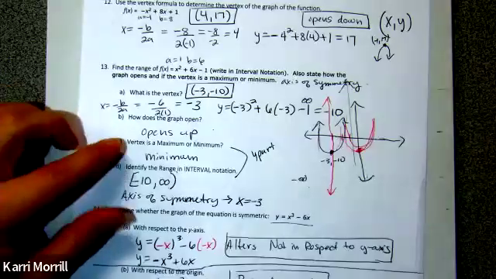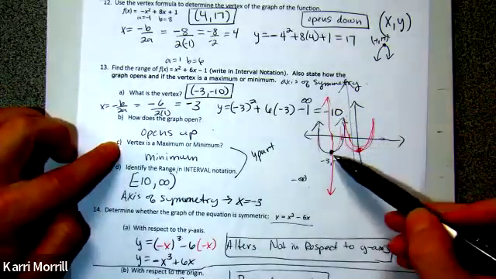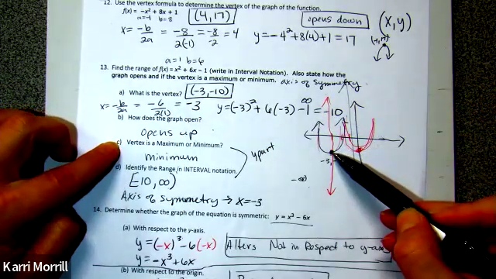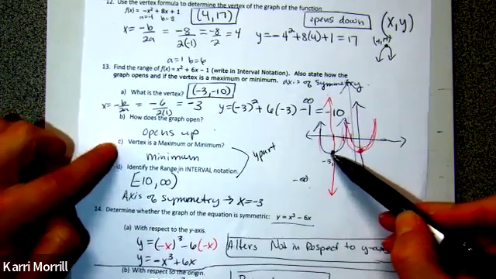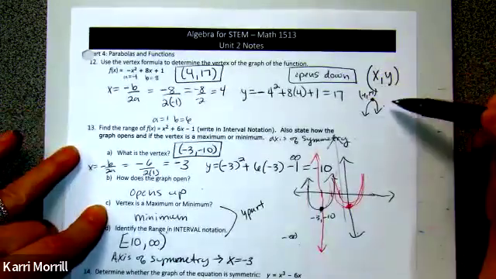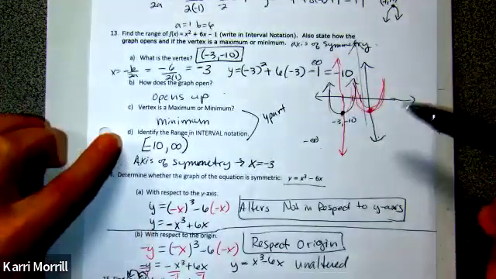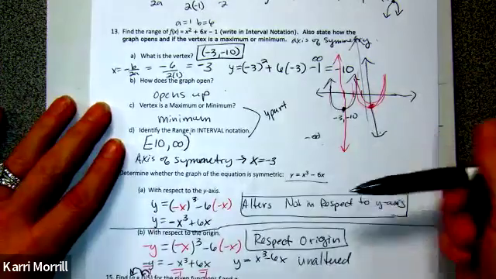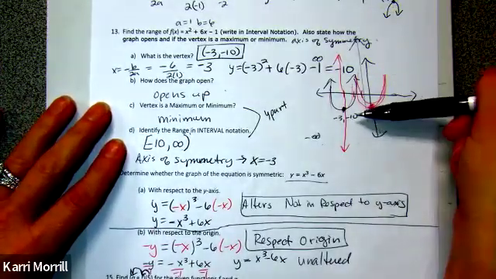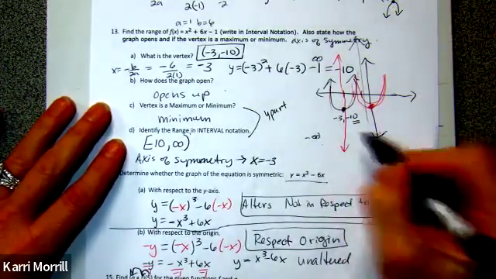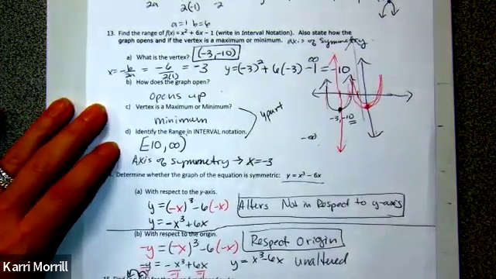Your max and min means that if this is opening up, that's the very lowest part of that graph, so this would be a minimum, where this one would have been a maximum if we were to graph that one. And then my range goes least to greatest, dealing with your y value, to write that in interval notation.